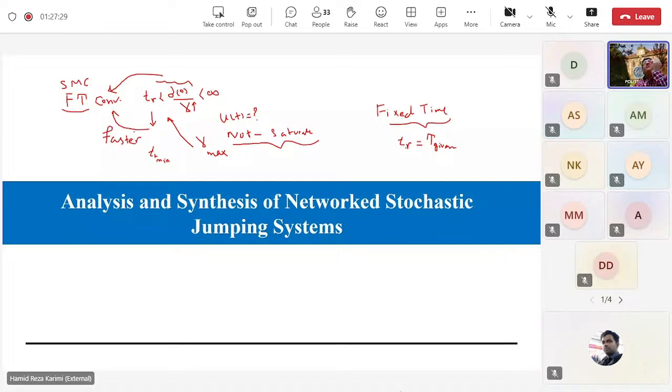Fixed time is more difficult than finite time, because in finite time you can be anywhere from one up to TR min, but here T is given. But you can follow some extension or modification of sliding mode so that it can also satisfy the fixed time.